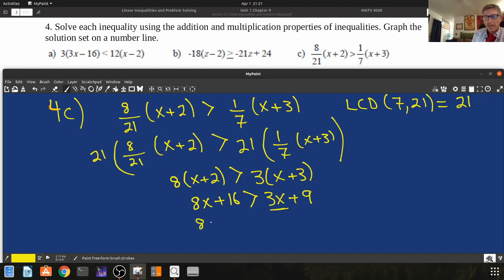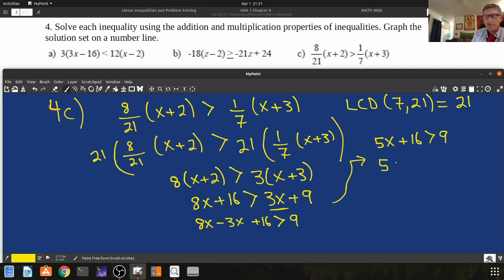So 8x minus 3x plus 16 is greater than 9. So let's finish it out over here. 8x minus 3x is 5x plus 16 is greater than 9.